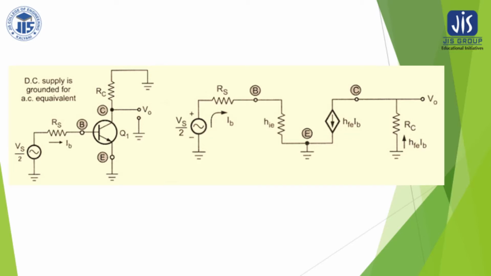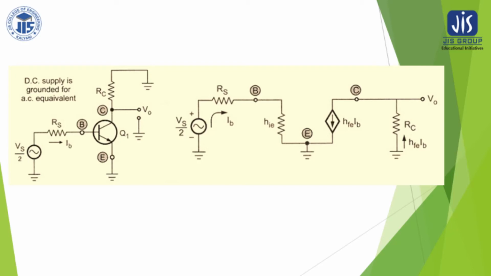So here, the voltage across this resistor is VBE. So I can write VBE is equal to V by 2. And here we can write VO1: this current is flowing in this way, so this side is positive and this side negative. Therefore VO1 is equal to minus RC1 into gmVB.